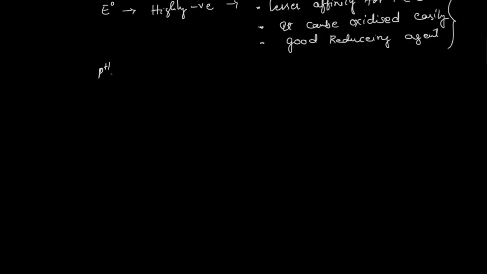We can study the pH variation by using the Latimer diagram, so that we can write Latimer diagrams at pH 0, that means in acidic medium, and also at pH 14, that means in basic medium.